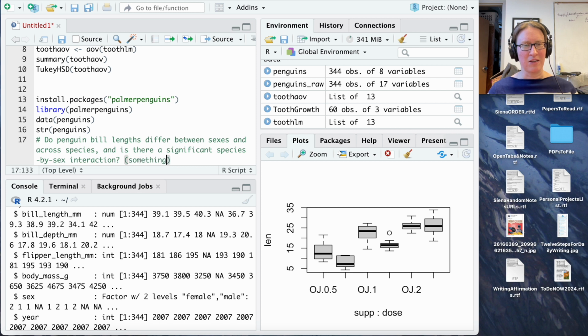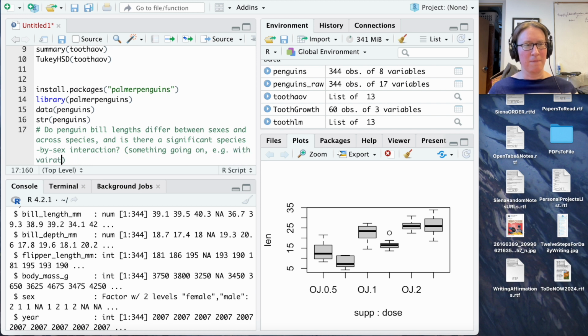So something going on, e.g. with variation in sexual dimorphism across species, right? So it might be that one penguin species has a lot of sexual dimorphism, another species does not have as much sexual dimorphism. That could give rise to a sex by species interaction, right?